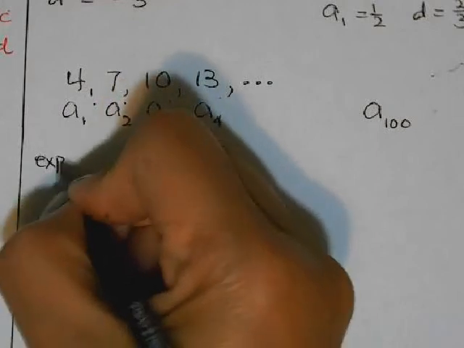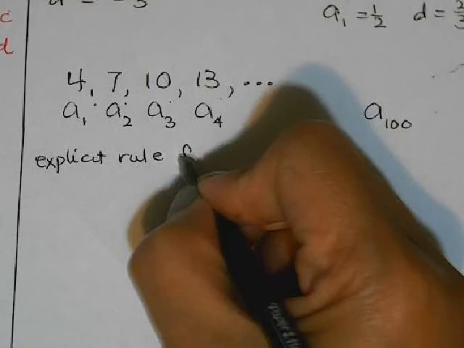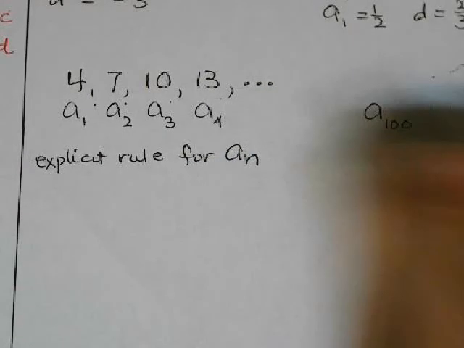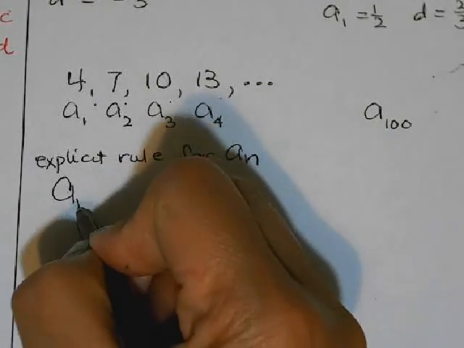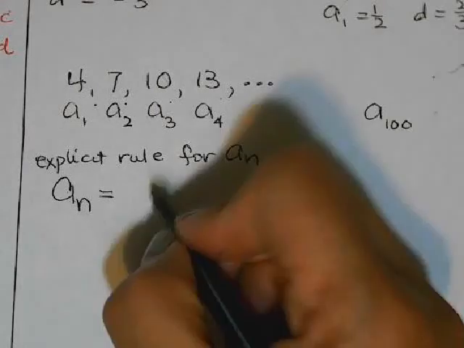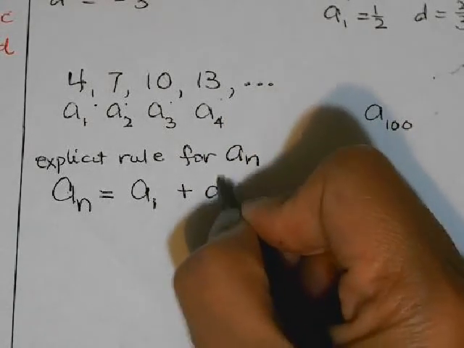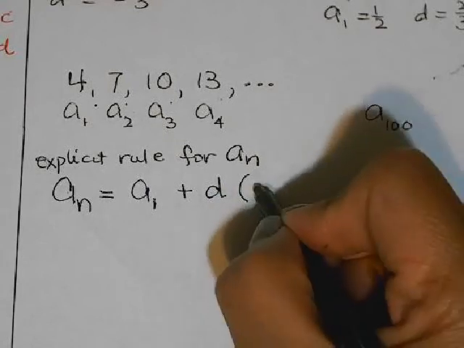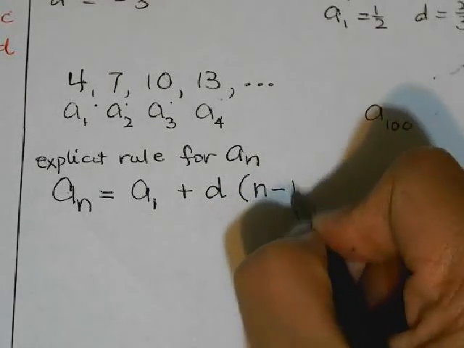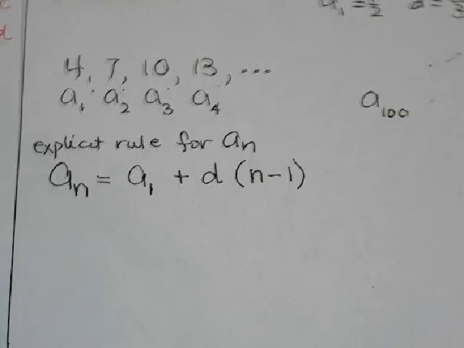This is called the explicit rule for a sub n. The formula is any term that you like to get in the sequence is equal to the first term plus the difference times n minus 1.